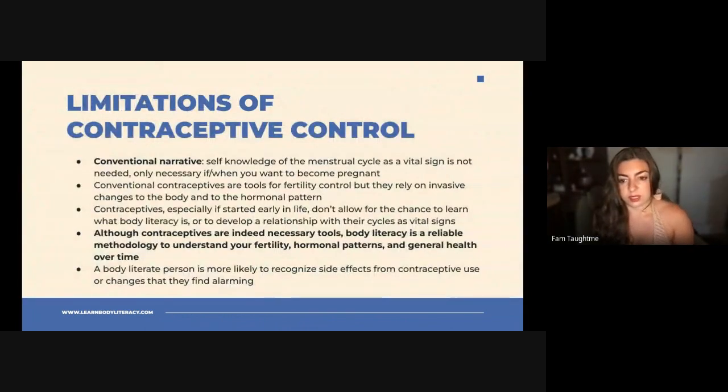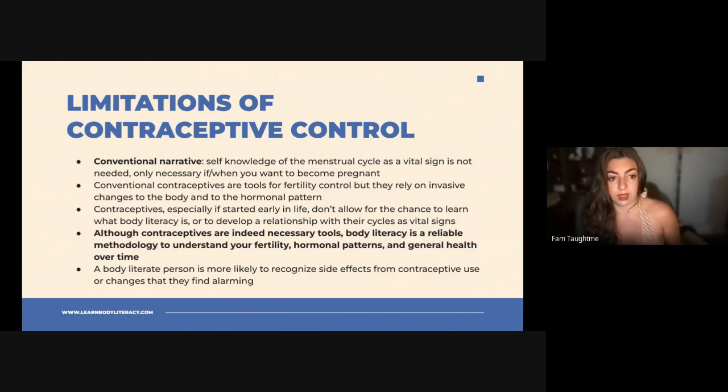I also wanted to take a minute to talk about the limitations of contraceptive control, because the conventional narrative is that there's no need to have self-knowledge of the menstrual cycle as a vital sign. It's just unnecessary unless you want to become pregnant. Maybe then it would be necessary. But for the most part, if you talk to your average MD or gynecologist, they're going to say they don't really know what you're talking about. And conventional contraceptives are tools for fertility control.